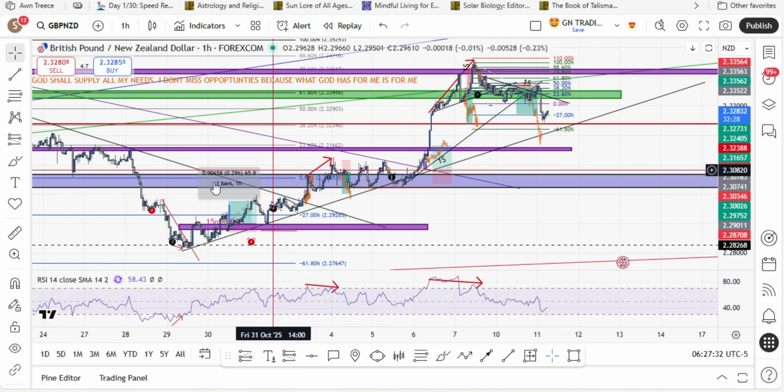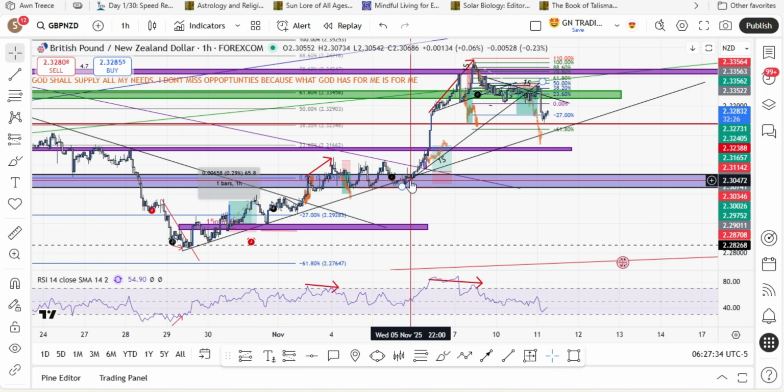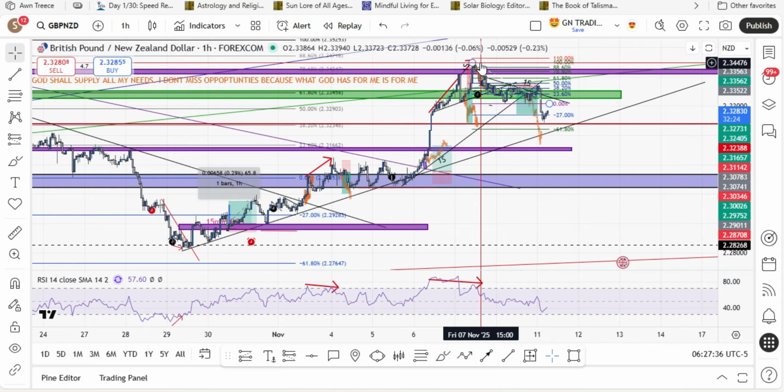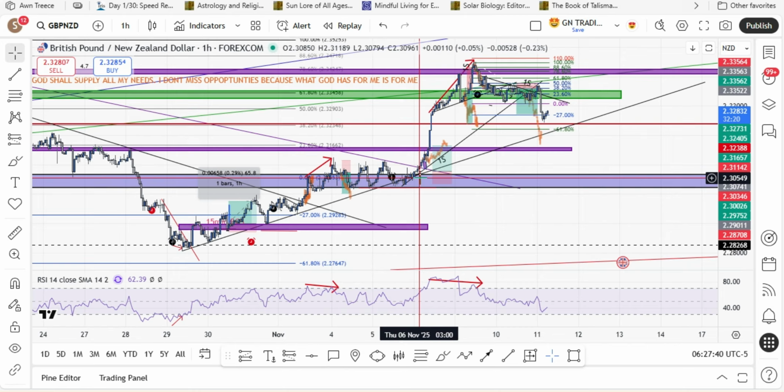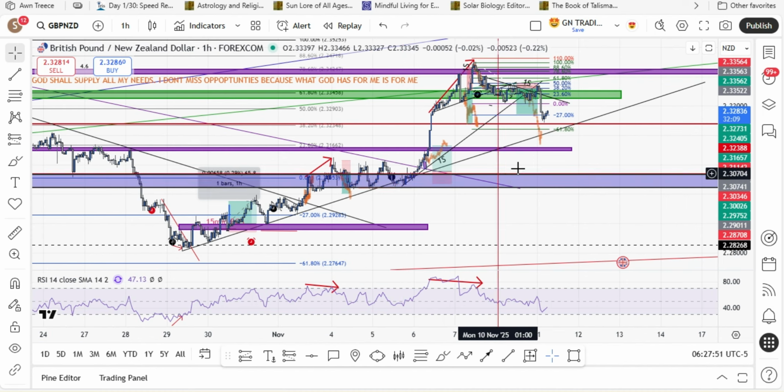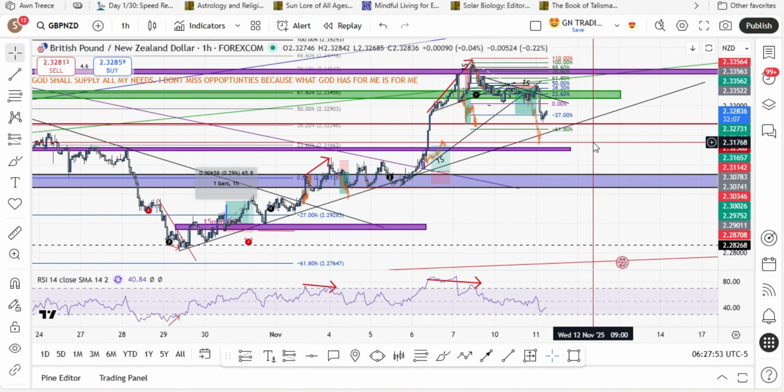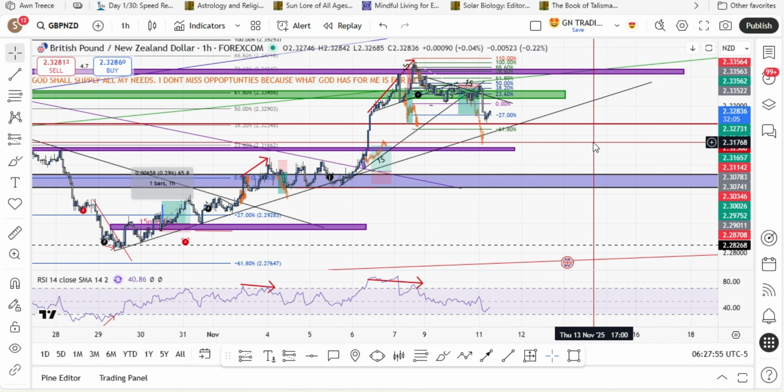Right now, if this is impulse, correction, continuation, then this would be my, what is this, higher low that needs to be broken to confirm the downtrend.